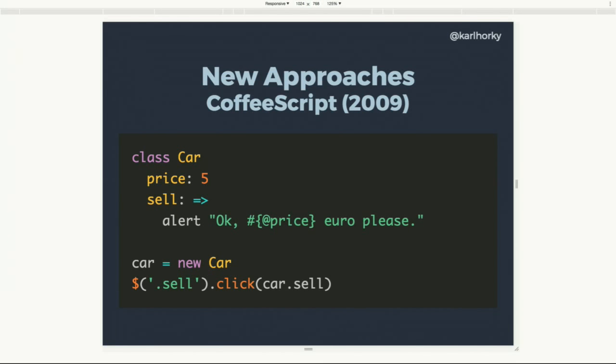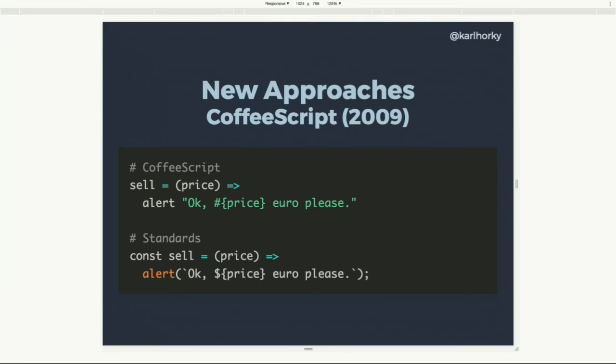Another example, in 2009, was CoffeeScript. I don't know if some of you used this. I did for a while as well, and then I luckily switched to ES6. But CoffeeScript had some interesting ideas where they made it easier to use this, for instance. So this @ symbol here, that's this.